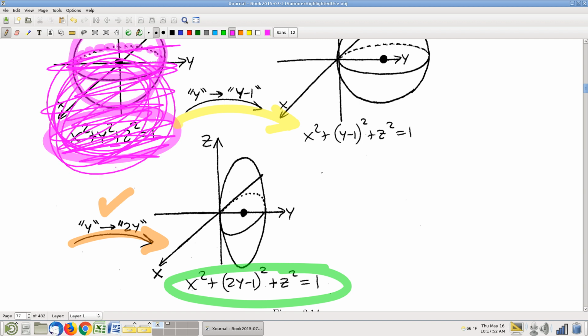I already have something better that I'm more interested in. So in this equation, everywhere you see a y, put a 2y, and that turns this y here into that 2y there, and notice we get the 2y minus 1 that we wanted.